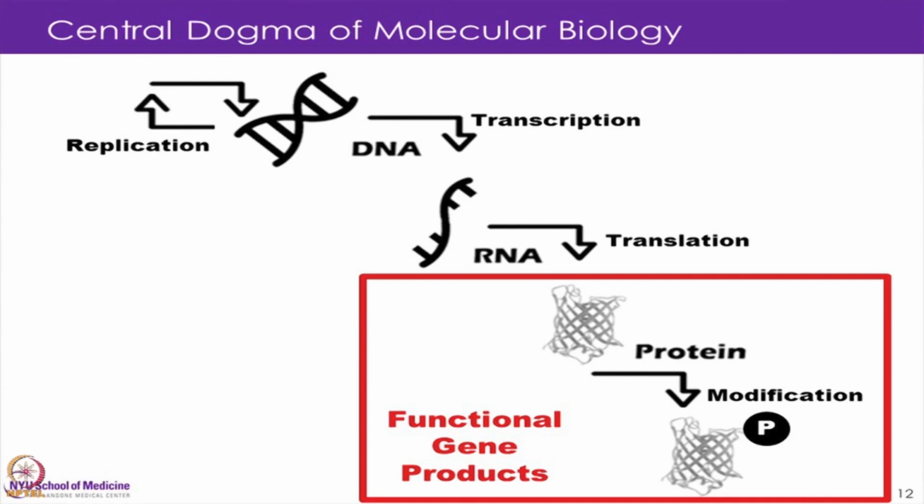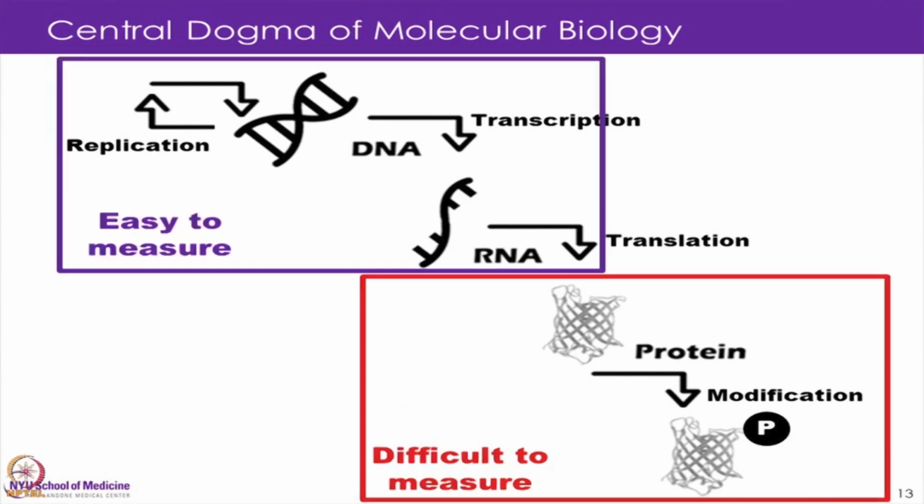But of course, it's much easier to measure DNA and RNA. There are much more automated methods, and even though there's been a lot of improvement, it's still much more difficult to measure proteins and modified proteins.